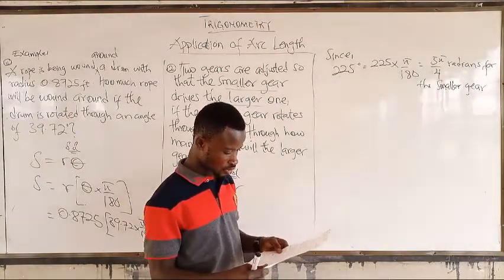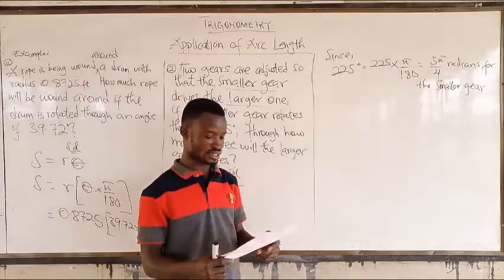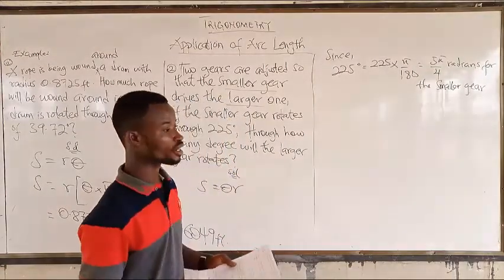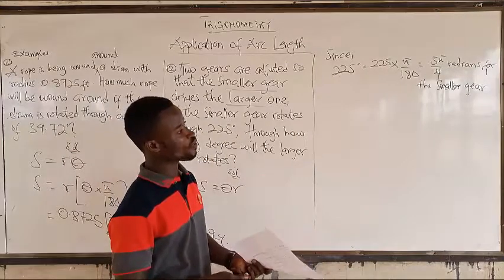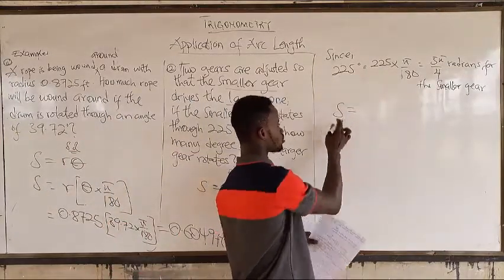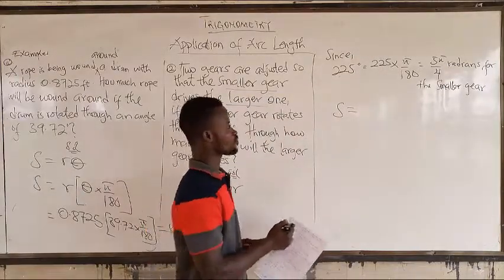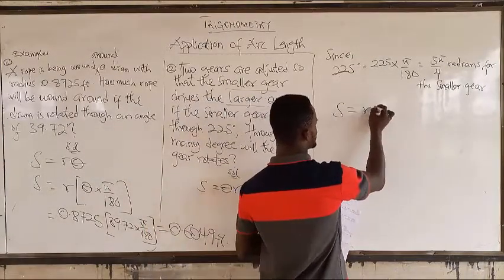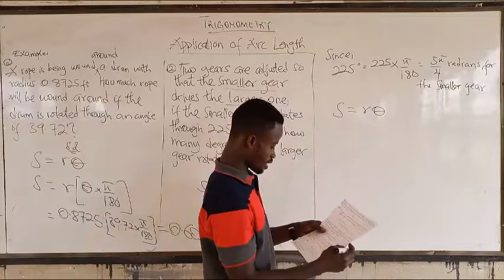Then we move on to the second stage, where we are going to find the arc length, which is going to be r times theta, right?